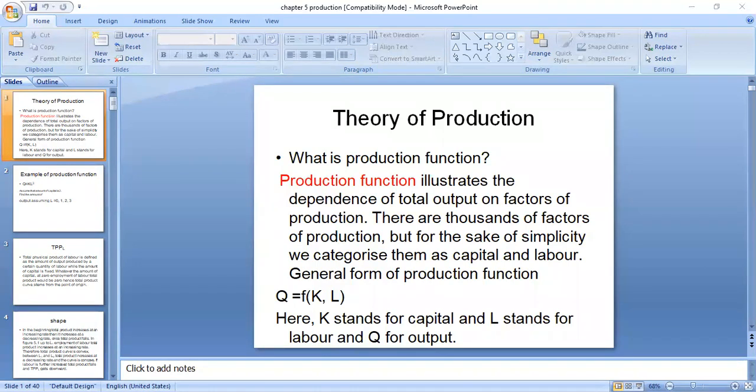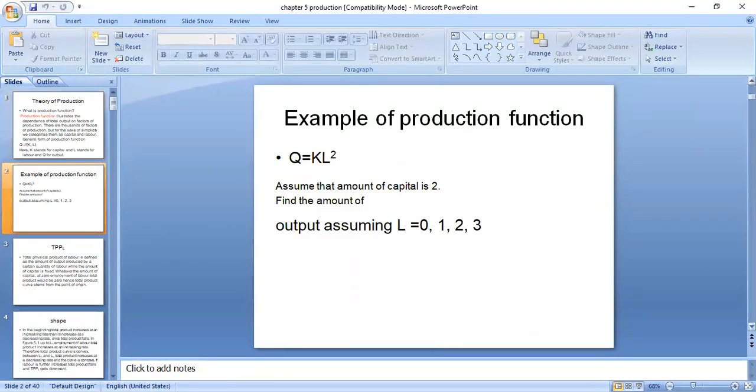So now let's move to the second slide. There is an example in the second slide. Look at the example of production function. It's a typical production function, Q equal to K L square. If you put L equal to 0, what will come? You will see that if you put in the equation the value of L equal to 0, then your output is 0.